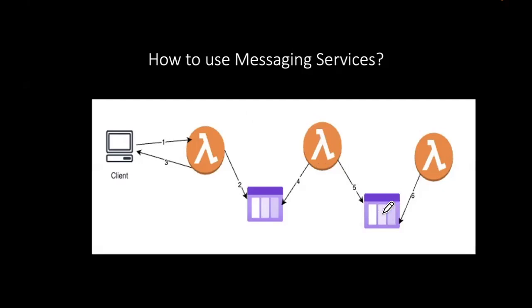But the messages will remain here until this Lambda comes back online again, its availability zone is accessible again, and it will start reading the messages and do its processing. So temporary unavailability of either of these Lambdas can be dealt with. The messaging service will hold on to the messages until eventually our Lambdas read them.